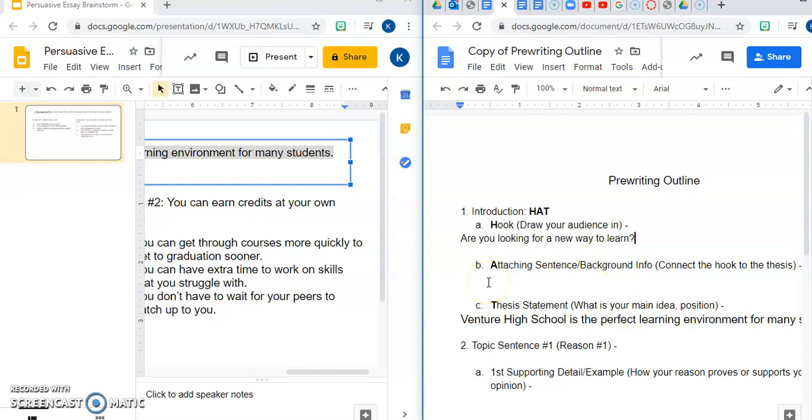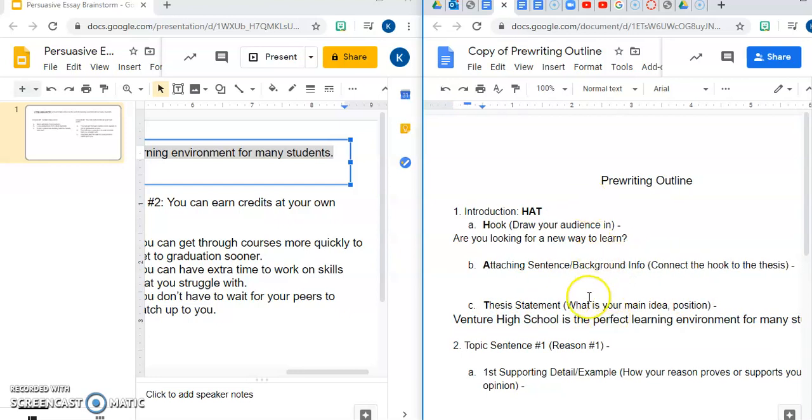So now I need to think about what's going to take me from that question to Venture High School is the perfect learning environment for many students. So that is what our attaching sentence is going to be. You might think about either a way to bridge that question to your thesis. Maybe you'll give me a little background information.